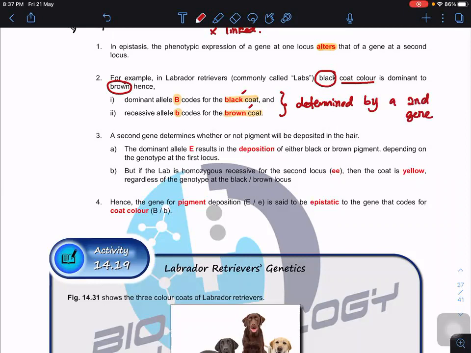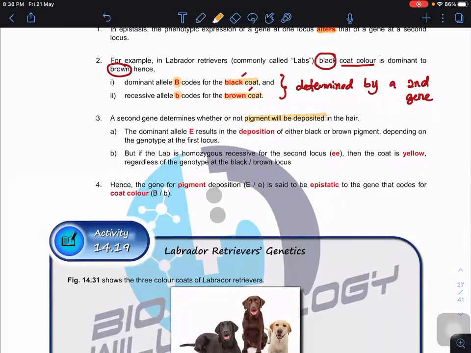Can you see that? Okay, I can produce color, I can produce black color, can produce brown color, but it depends on the second gene to determine whether the pigmentation can be deposited or not. So whether this pigment can stay on the fur or not depends on this gene that has two alleles. One is the big E allele, resulting in deposition. Can you see that?